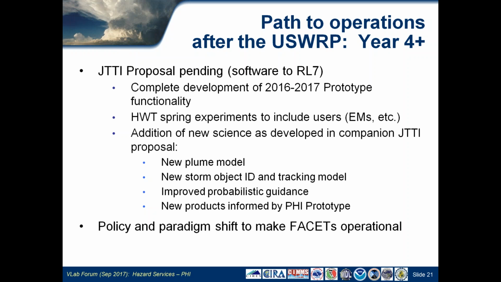Two questions. One, related to improving the probabilistic guidance. How is it envisioned to deal with the so-called spin-up problem that exists within high-resolution models, that there is some time of spin-up, and if you tag the observational data with the model data, you would have some interesting, I would think, wacky type of spin-up.